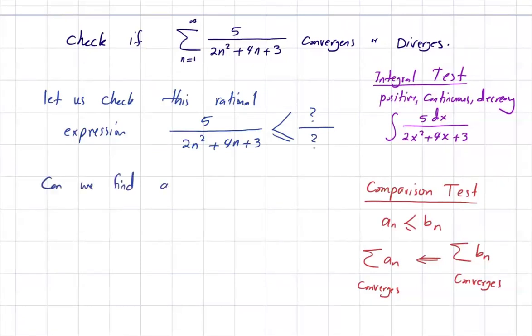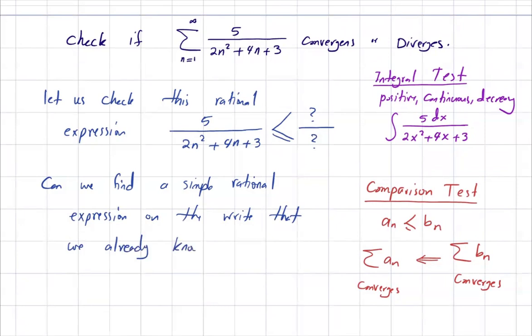Can we find a simple rational expression or rational function on the right that we already know the behavior of its series? This is all you need to do. You need to find something on the right-hand side that you already know the behavior of its series.